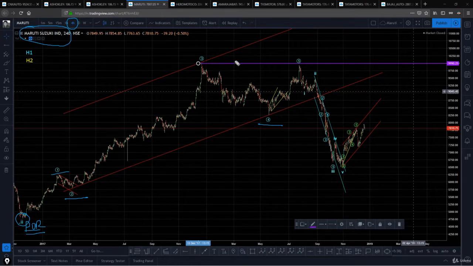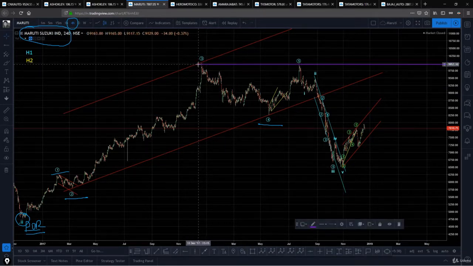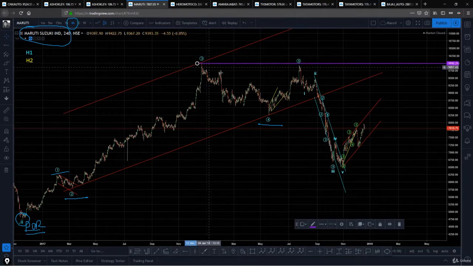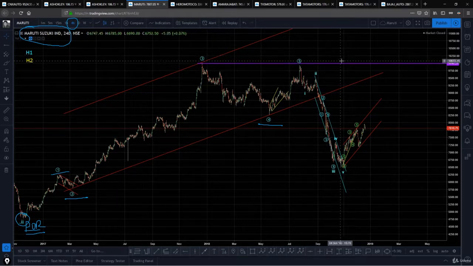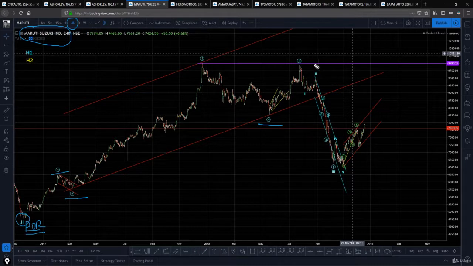If we put it at the high of wave 3, we can see that this line was never taken out on the upside. This means that we have a failure on the part of wave 5 to take out the high of wave 3, and hence this becomes a failed fifth, or what we say, a truncated wave.